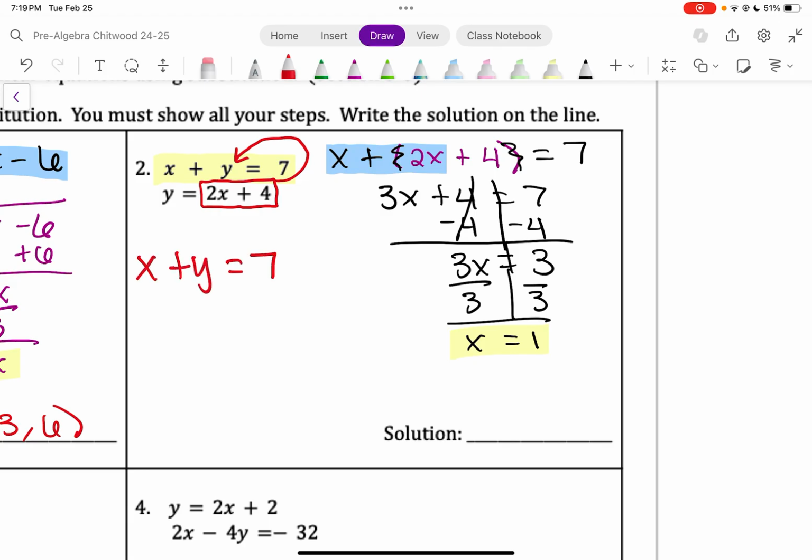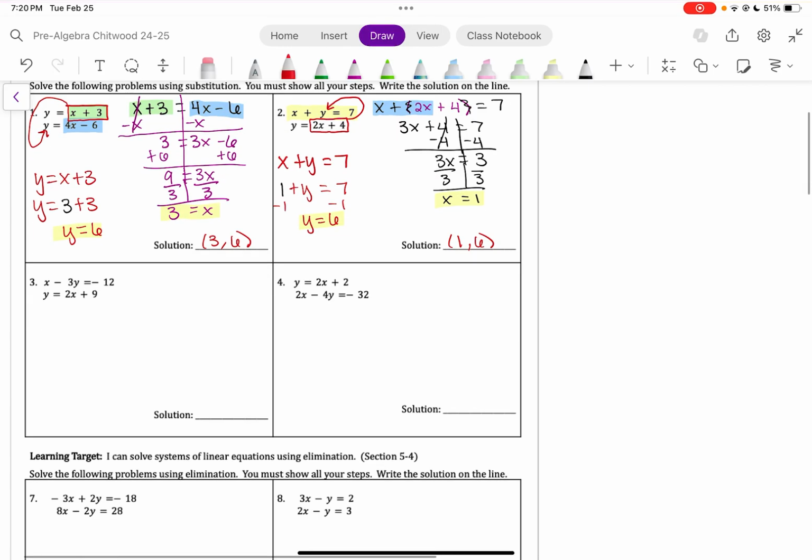Then I'm going to rewrite it with 1 instead of x, because 1 is x, plus y equals 7. I want to subtract 1, and I will get y equals 6. So if I write that as an ordered pair, my solution is 1 comma 6.